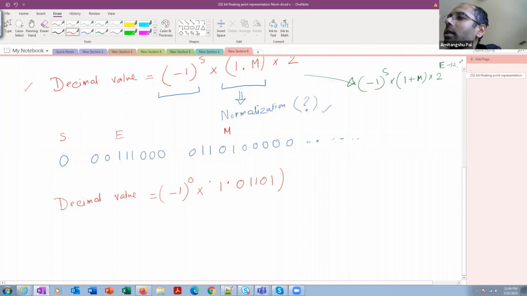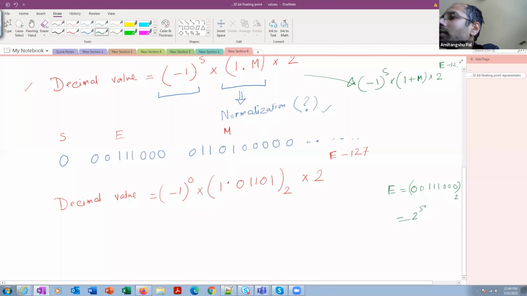But this is in binary format. Here, 1.01101 in binary format, multiplied by 2 to the power e minus 127. So what is e? E is equal to 0011100 in binary. So if I convert it to decimal, it is going to be 0, 1, 2, 3, 4, 5.